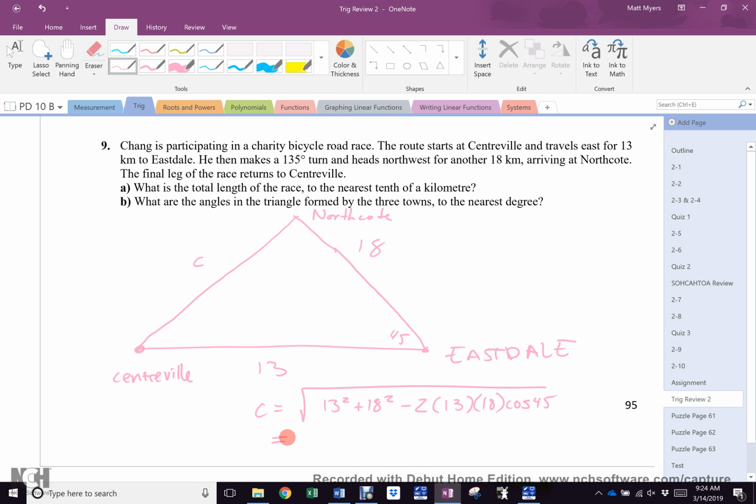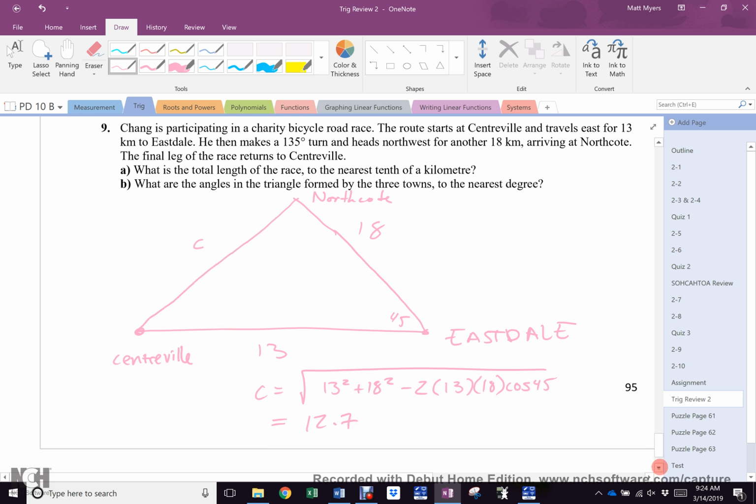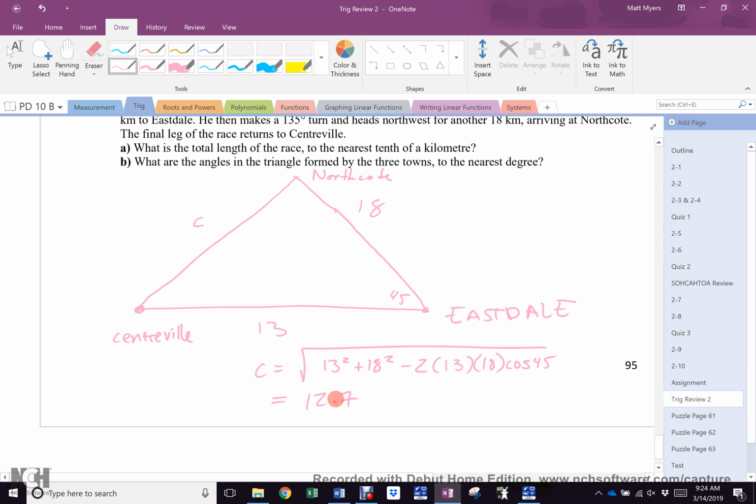You get 12.7. Now, if you leave it as 12.7 as the whole thing, then you get the right answer. Because if you round this to anything, you're going to screw up.